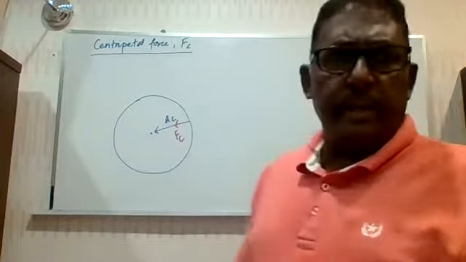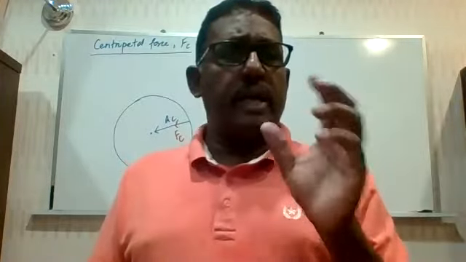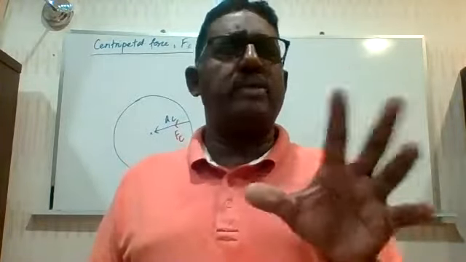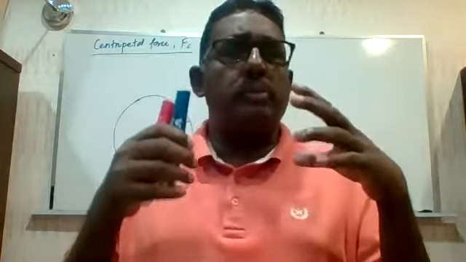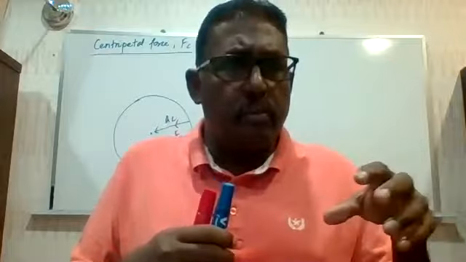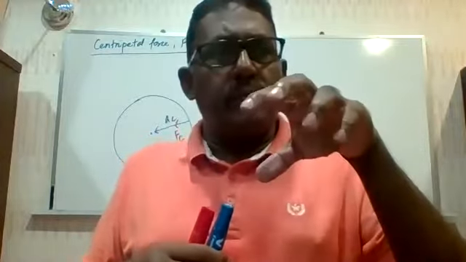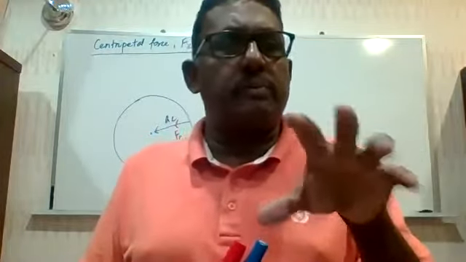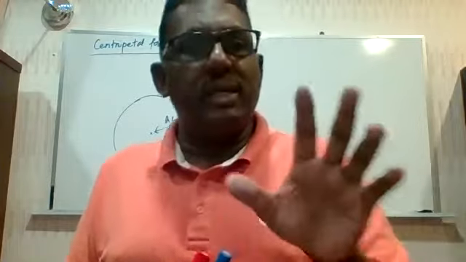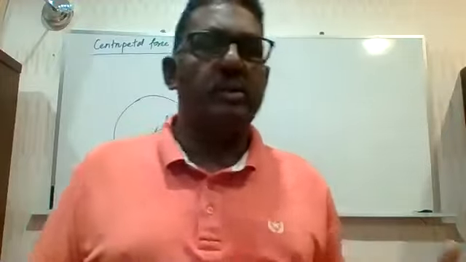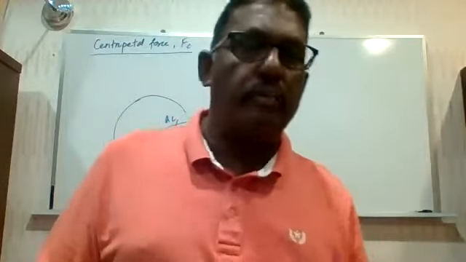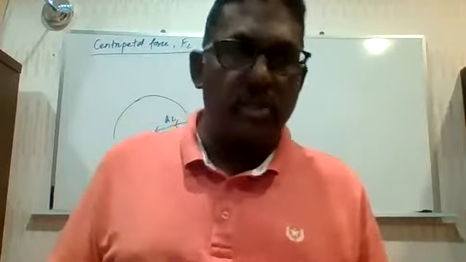Now, centripetal force is an imaginary force. What do you mean by that? That means in an actual object that is moving in a circular motion, the contributor of the centripetal force by nature is some other force. It could be a frictional force, it could be a gravitational force, it could be tension in the string.